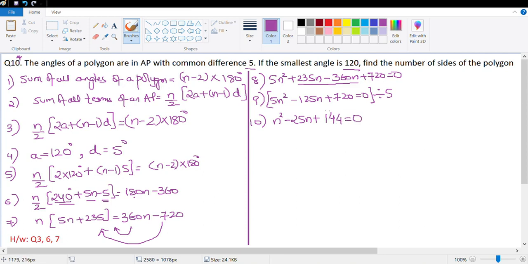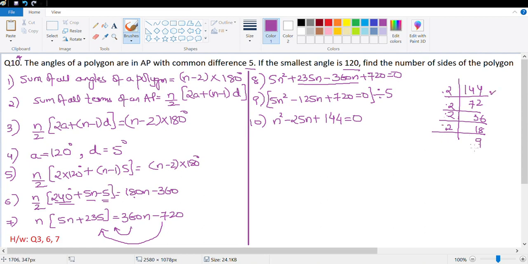I have a quadratic. I need to find factors of 144, the sum of which would be negative 25. So let's factorize 144. 2 into 72, 2 into 36, 4 into 36, no, but it will not give me 25 yet. 2 into 18, so 8 into 18, yeah, but 8 plus 18 doesn't give me 25 yet. 2, 4, 8, 16. 16 into 9 is 144, and negative 16 into negative 9.